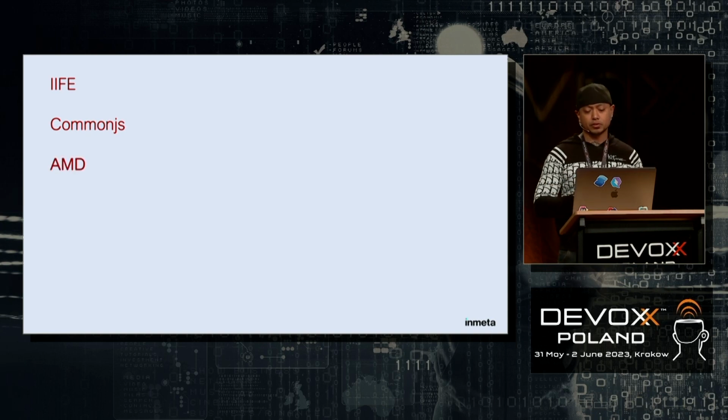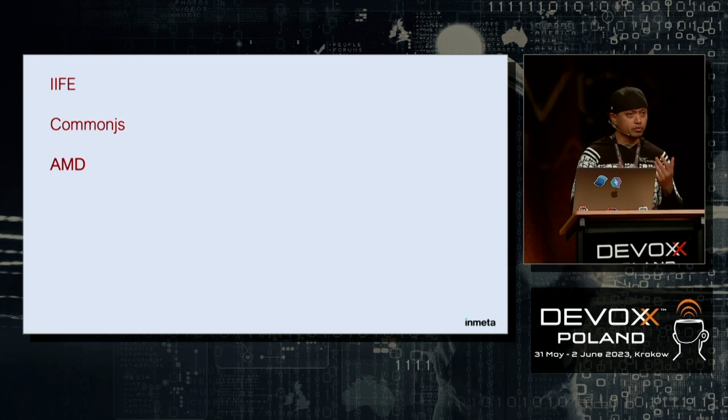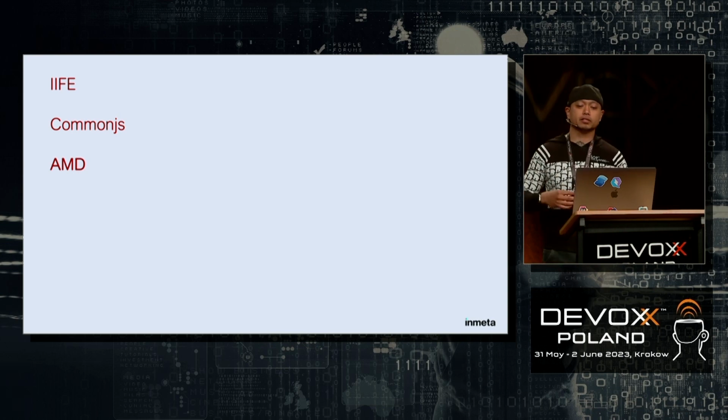For the asynchronous counterpart, we have AMD, asynchronous module definition, hence the name. An example of AMD would be require.js. AMD came to fix dependency resolution and pollution of the global scope. So we use CommonJS and AMD to share libraries through NPM packages.